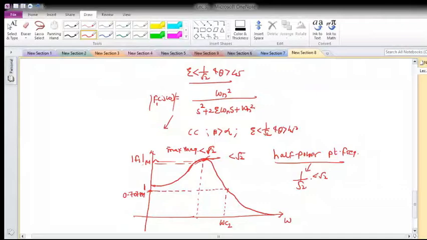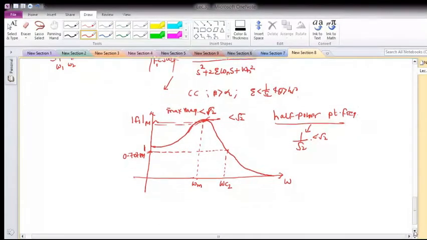For band pass, generally I should get two half power points, omega 1 and omega 2, but here if the maximum magnitude is less than 1 by root 2, then I will get only one half power point, which is omega c2, and this is my omega m. Okay, fine. So there will be only one half power point frequency, which is omega c2.